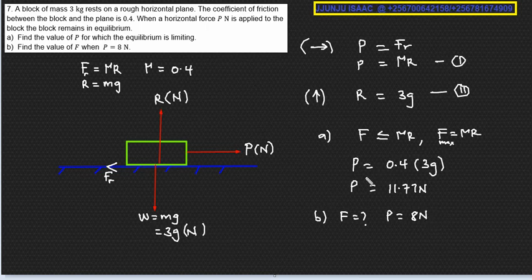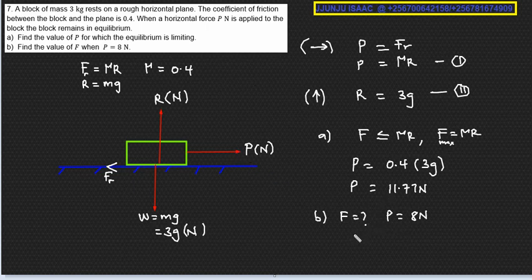So now equilibrium is going to be maintained, because when the force was 11.77 newtons, we were in equilibrium, the body was not moving. But now when we reduce the force, the equilibrium is going to be maintained, because this force is now less than the initial one.